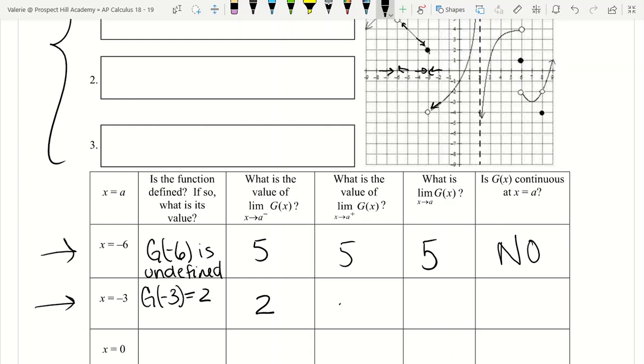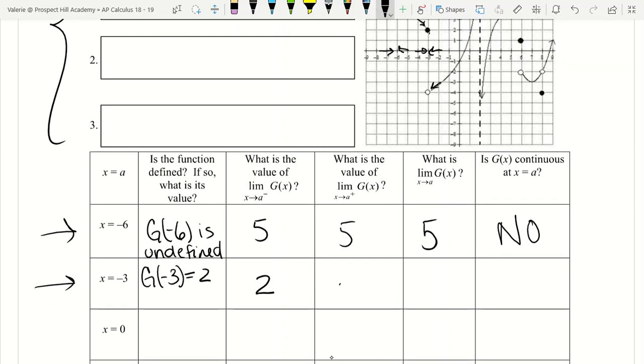So now, what is the limit as x approaches -3? The left-hand and the right-hand limits do not match, so that limit does not exist. Is this continuous? No.